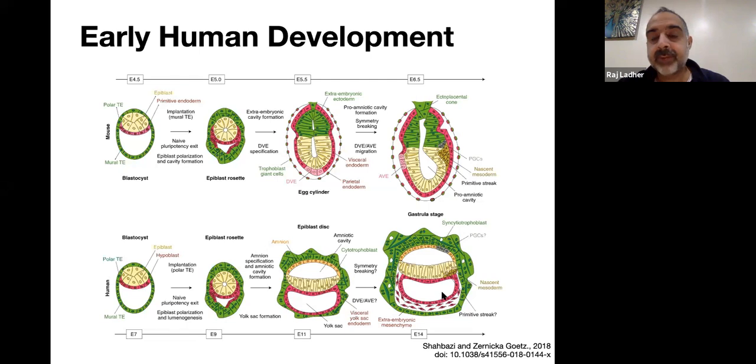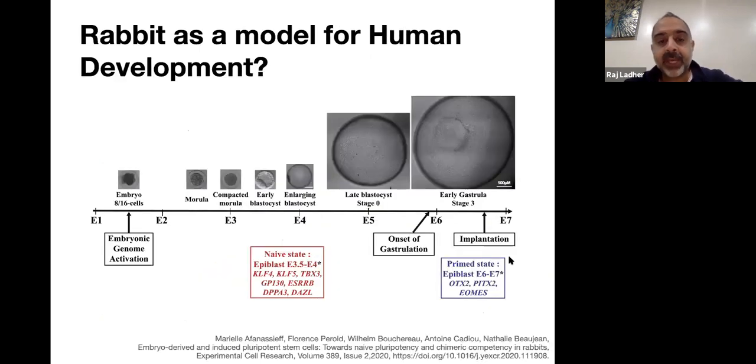So this is one major difference, and so much so that probably the best mammalian model for human development is probably the rabbit. And so here, what we're looking at is the development of the rabbit embryo.